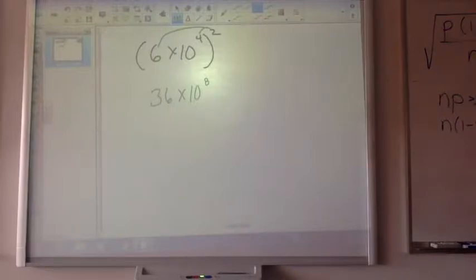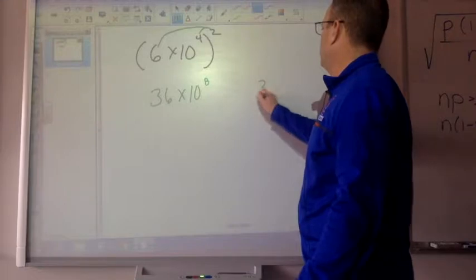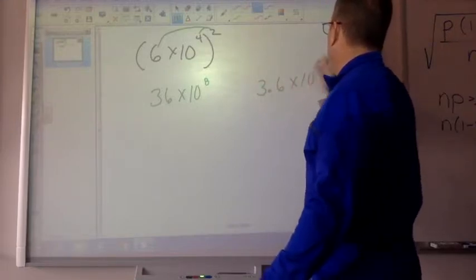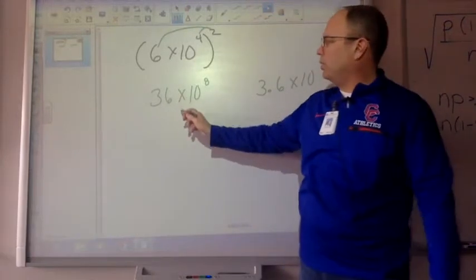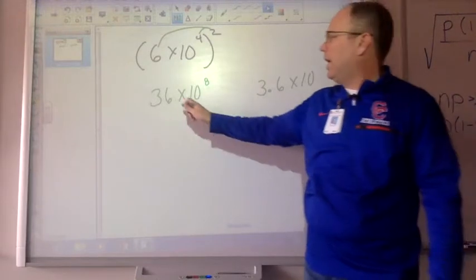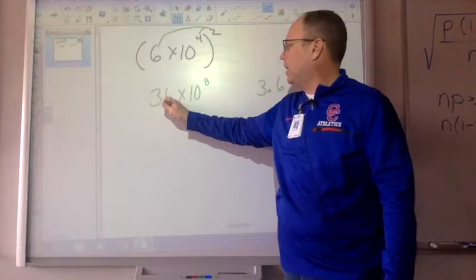Now we have to remember that I want my problem to look like 3.6 times 10, and we have to figure out what the new exponent is going to be. So where does my exponent sit right now with the 36? Yeah, it's right here, correct? So we actually have to move it here.